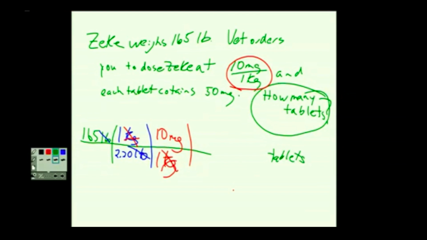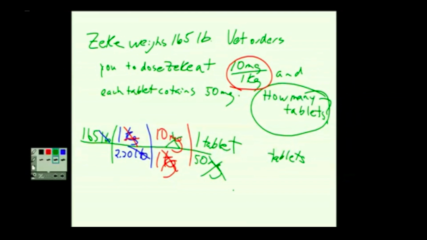I'm almost there. Do I have a way to change milligrams into tablets? One tablet is 50 milligrams. So milligrams cancels, and I'm left with tablets.